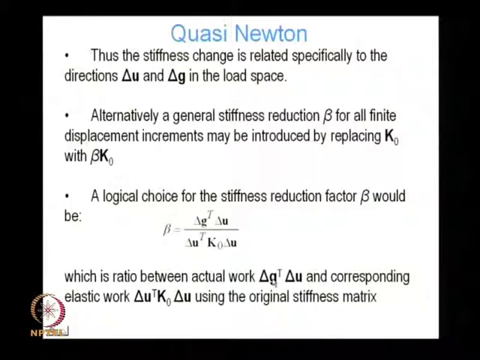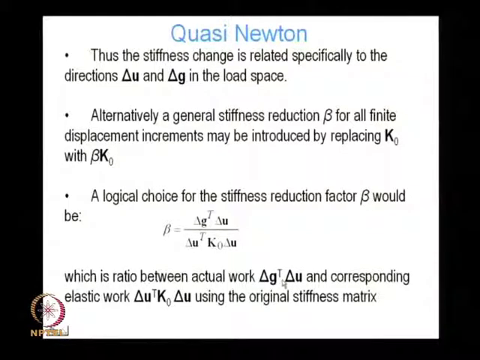If it were the elastic tangent, the total work done would be this. The actual work done is going to be delta G transpose delta U. So, if I take the ratio of these two, that is by how much I have to reduce my tangent from my elastic tangent. So, that is another way of doing the quasi-Newton iterations.